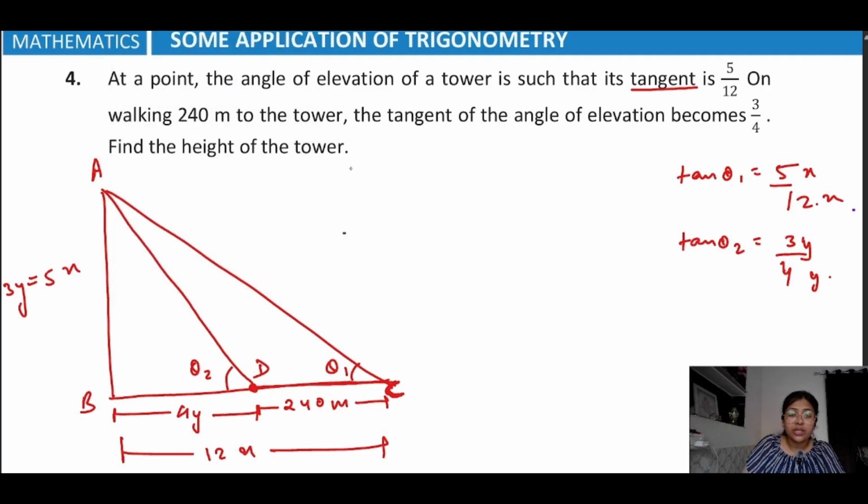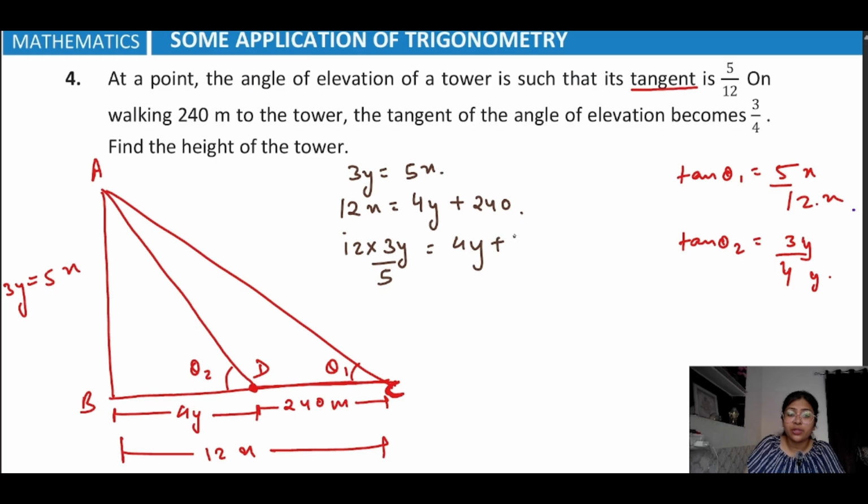The first equation is 3y equals 5x. The second equation is 12x equals 4y plus 240. This is clear to you? Okay, now substitute x with y or y with x. We need to find out the height. So instead of x, we can write 3y by 5 for 12x, equals 4y plus 240.